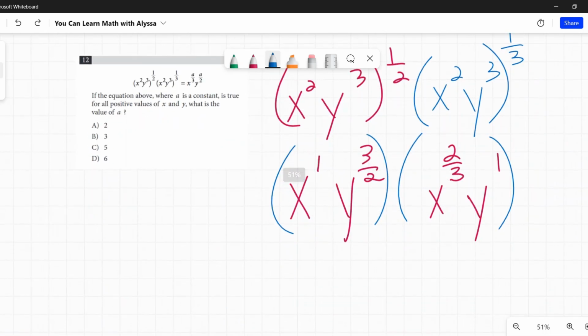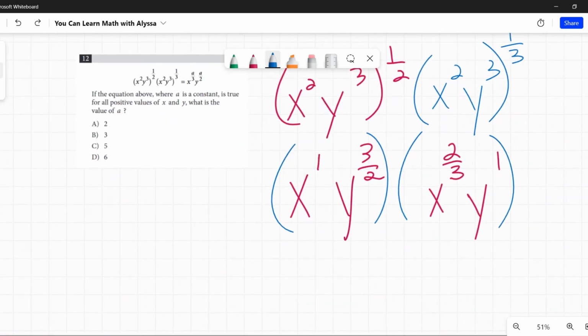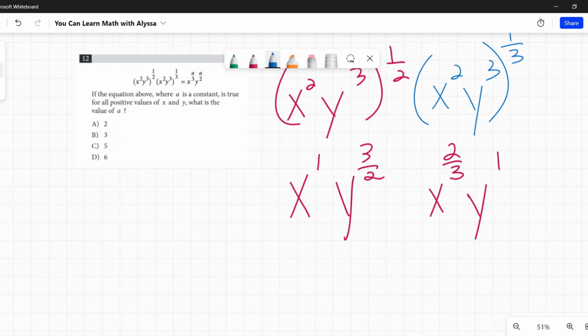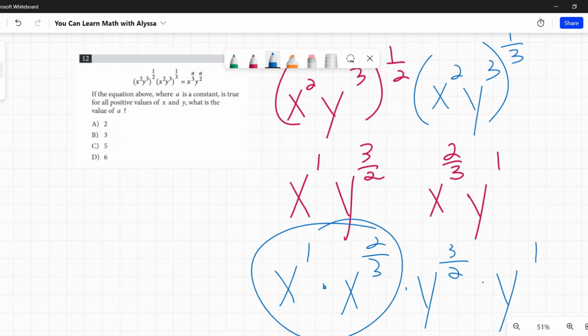When you're just multiplying, but you have the same base, in this case, you add the exponents. So I'm going to reorder these because they are all just being multiplied together: x to the power of 1 times x to the power of 2/3 times y to the power of 3 halves times y to the power of 1. Now these have the same base, so I can add their exponents.